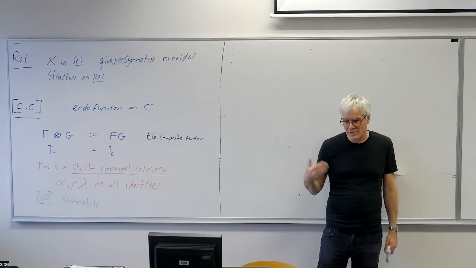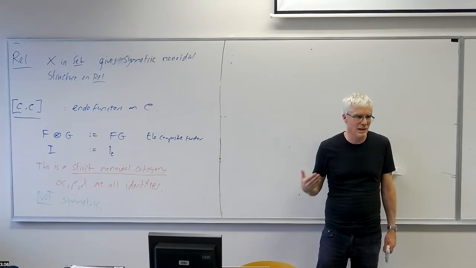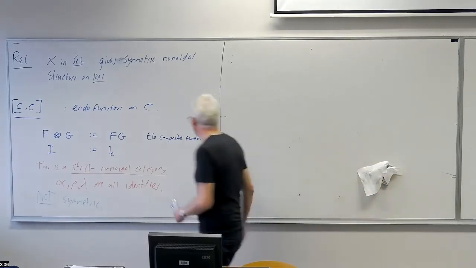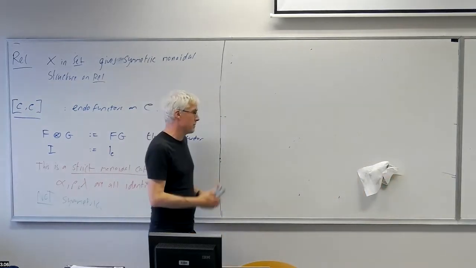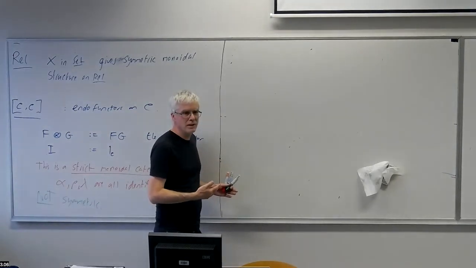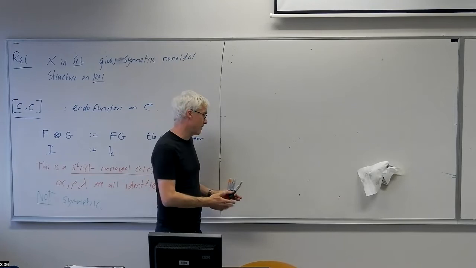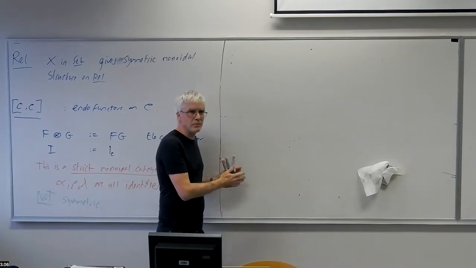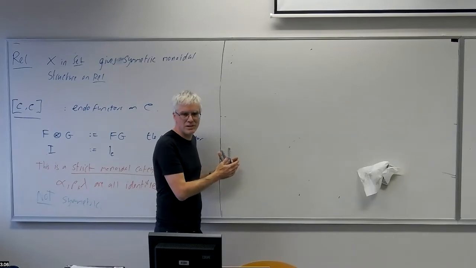So maybe you've met some tensor products in maths, maybe you haven't. Tensor products tend to be examples of monoidal structures on the categories they're defined on. So I'm going to give one example of this, which is one of the easier examples of tensor product in mathematics, but I'm not sure if it's going to be familiar to everyone.